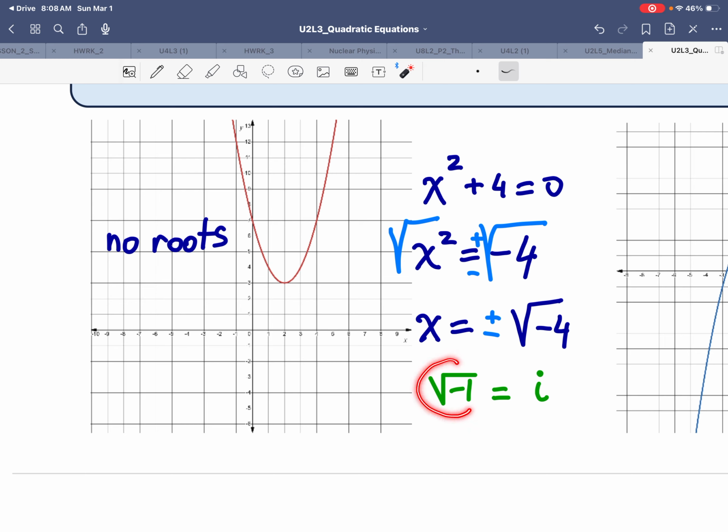Well, if you have the root of -1 equal to i, and you square both sides of it, then you're going to see that the left side of the equation will become -1, and the right side of the equation is going to be simply i to the power of 2. So i squared equals -1.